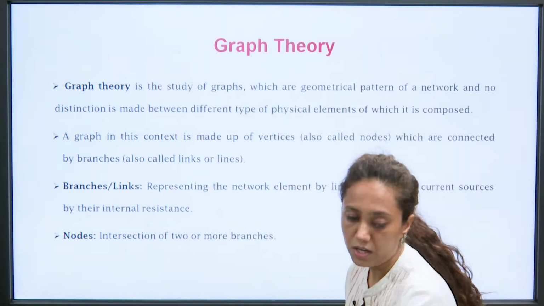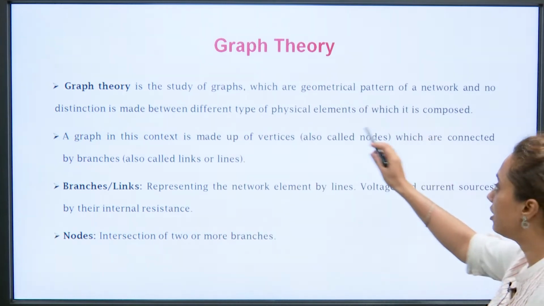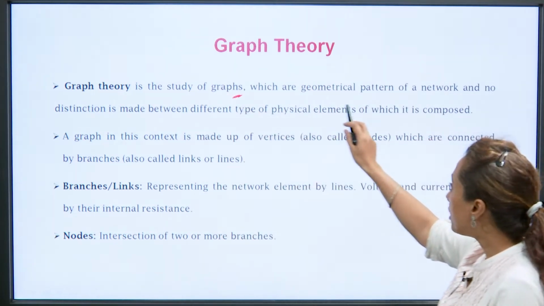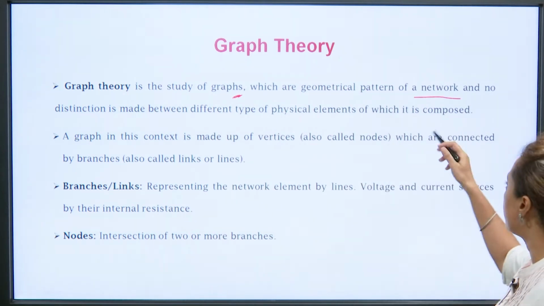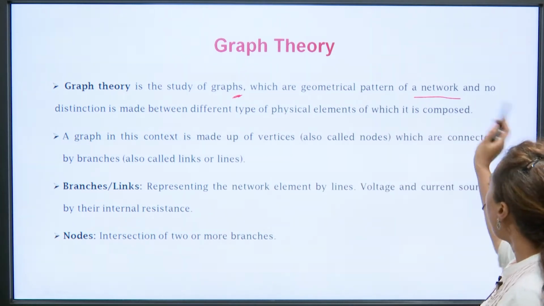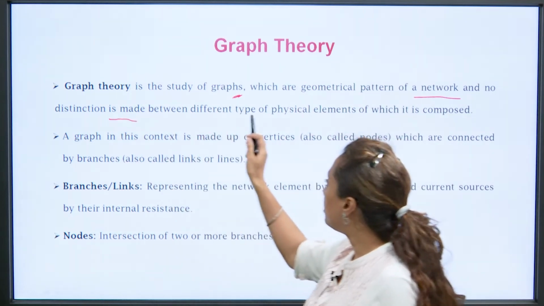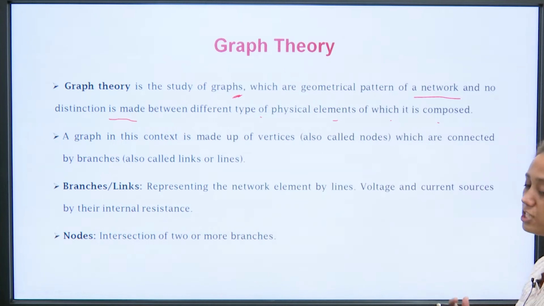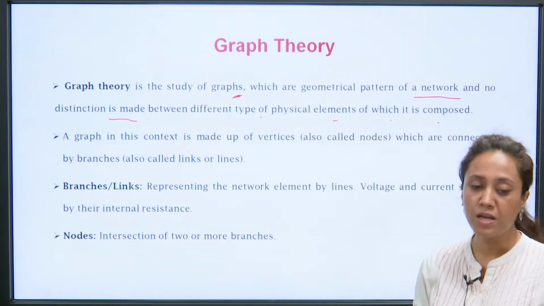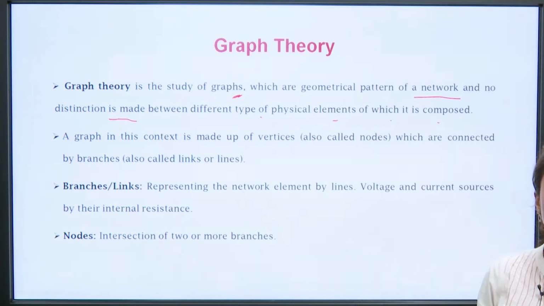Graph theory is basically the study of graphs, which are geometrical patterns of a network, your networks, your circuits, and no distinction is made between the different types of physical elements of which it is composed. Basically, it is a geometrical pattern of a network and we can't distinguish which elements it is composed of, right.